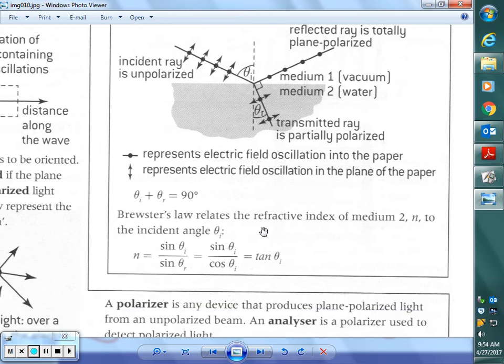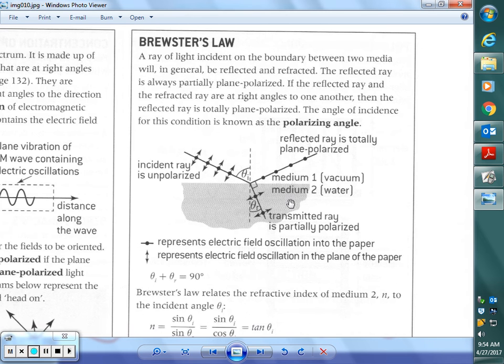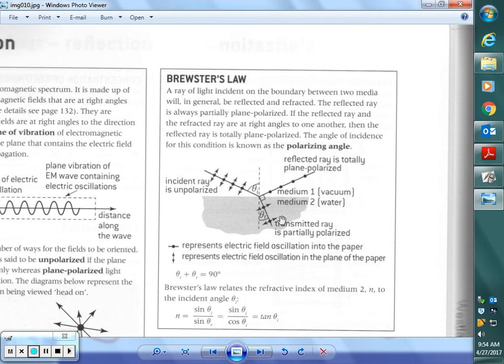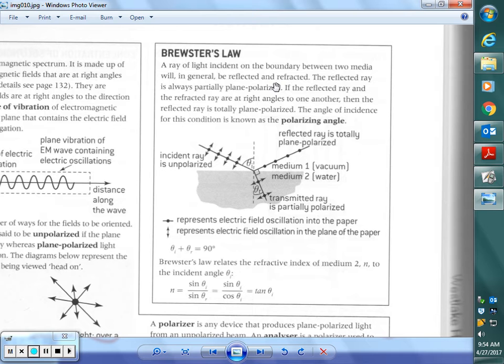That's Brewster's law. So what we find out is that a ray of light incident on the boundary between 2 media will, in general, be reflected and refracted. So when we get a wave that encounters a new medium, there is partial reflection and partial refraction. But the reflected ray, the one that bounces, comes out polarized.